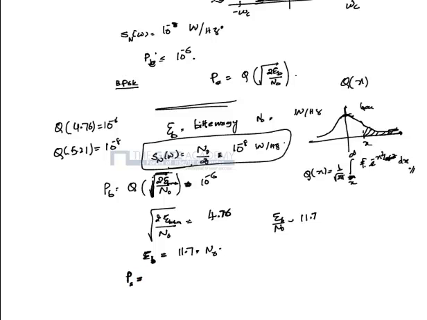Since we know the bit energy, we simply multiply it by the rate, as power is nothing but rate of doing work. We can come from a definition from that angle also. Then it would simply boil down to EB times RB, where RB is the rate at which the bits are arriving, or the bit rate of the modulation scheme. So this is EB into RB. Hence you have 11.7 into N0 into 1.5 into 10 power 6 watts of power. Hence it is in watts.